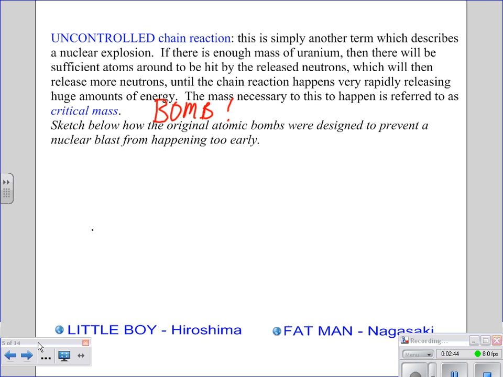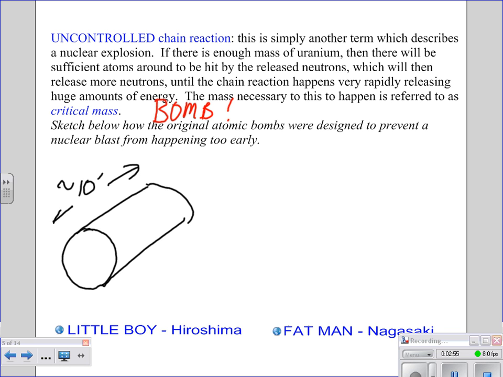And with Little Boy, this was used in Hiroshima, and the process was that it was a cylinder. It was about 10 feet long, and in the center here was some TNT, an explosive device here, and then in little semicircles around the sides we had some uranium-235, and that uranium-235 was a subcritical mass.